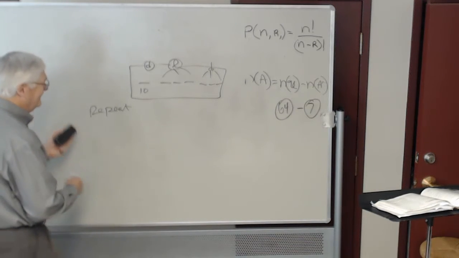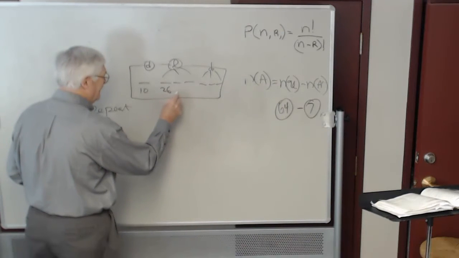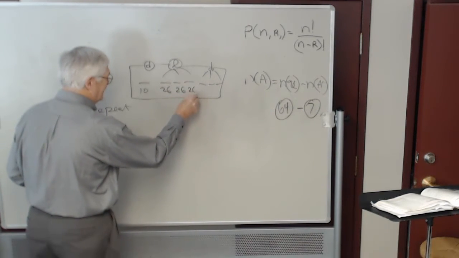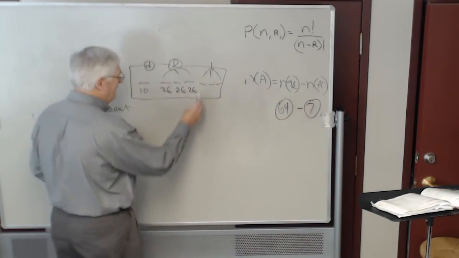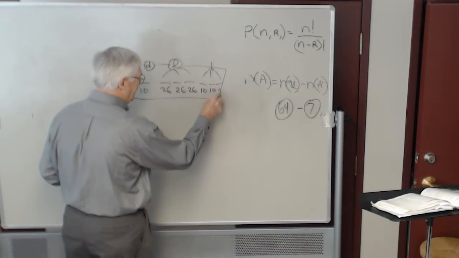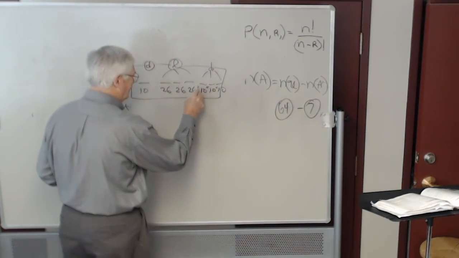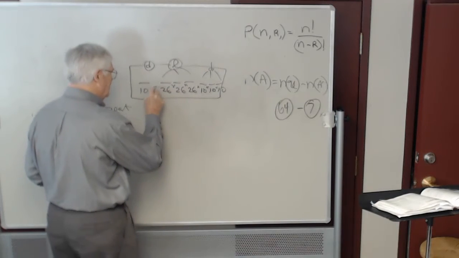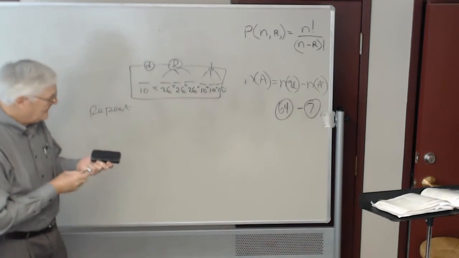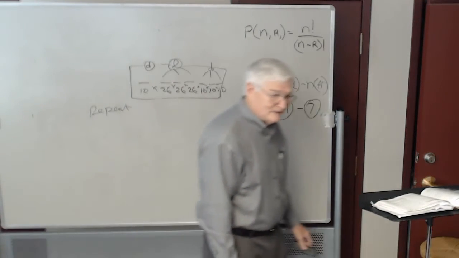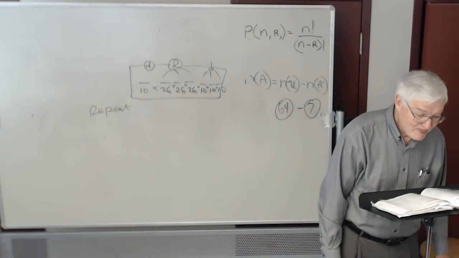Siri was right. 26, 26, 26, because I can use repetitions. And then 10, 10, and 10. And I multiply all those big numbers. It's gonna be huge. Well, it's a good thing because California has a lot of people.